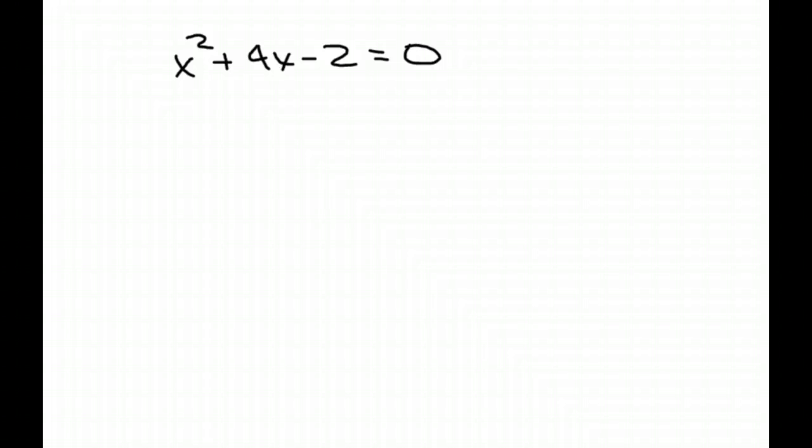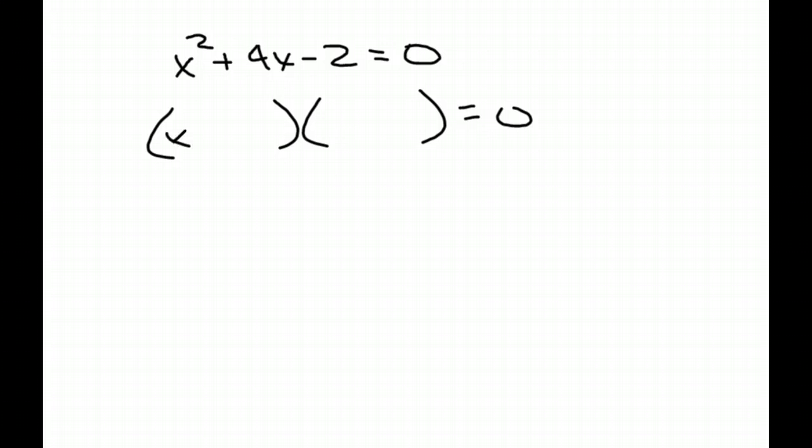Sometimes we have a difficult situation in hand because we're trying to factor this in order to solve it for 0. And up until this point, we have made two binomials and tried to find two numbers multiplied together that give me a -2, added together give me a 4.